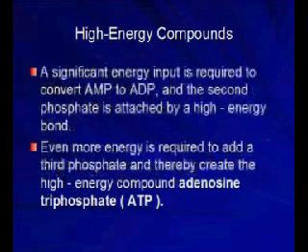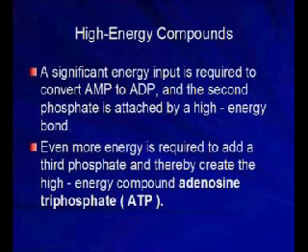A significant energy input is required to convert AMP to ADP, and a second phosphate is attached to the high-energy bond. Even more energy is required to add a third phosphate group, thereby producing a high-energy compound referred to as ATP.